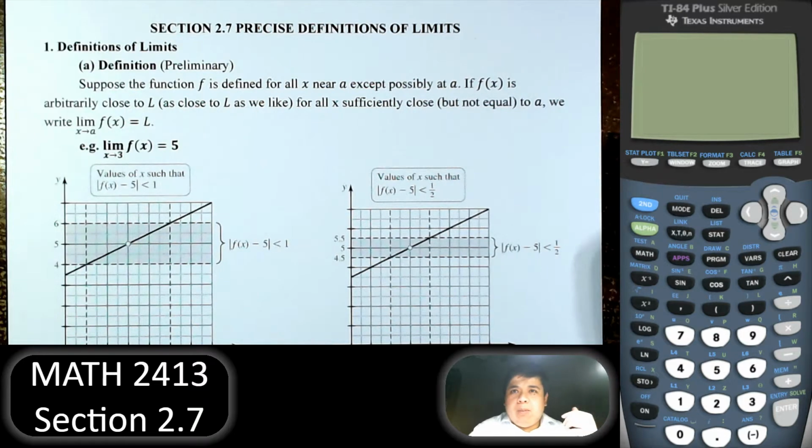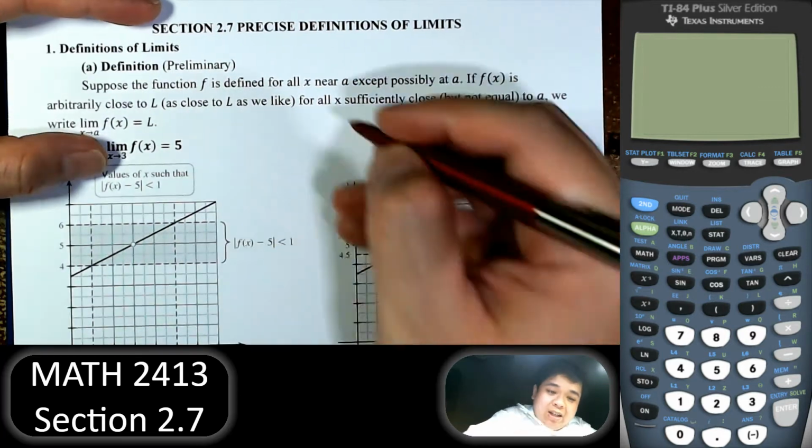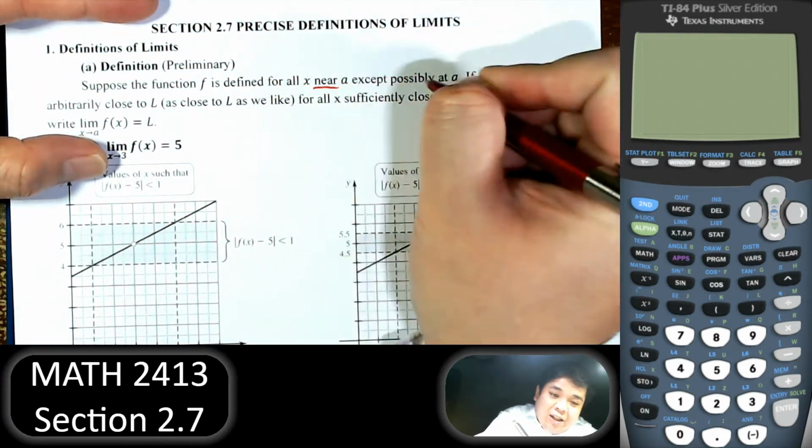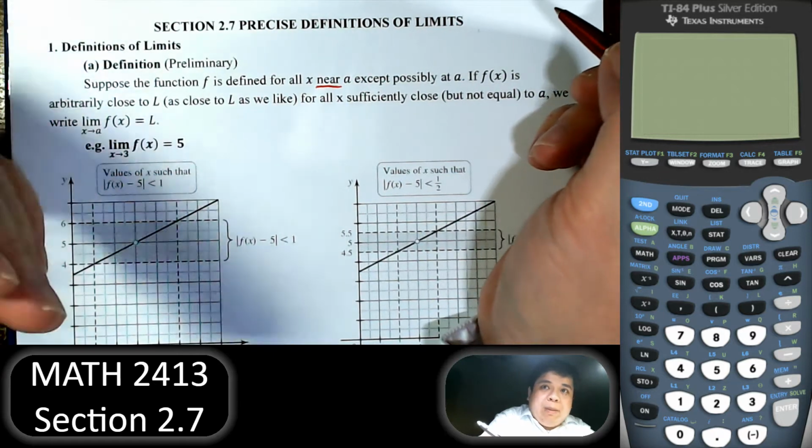So, at the beginning of this chapter, we defined the limit of a function. Let's go over that again. Suppose a function is defined for x near a, except possibly at a. So, what happens near it?